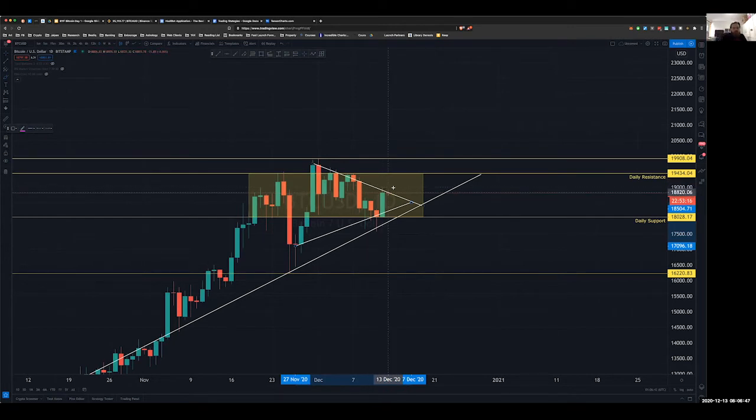Is it going to break up here and then possibly come back down and then continue and form the triangle? Or my next area would be towards the bottom here. Is it going to break this trend and then come back down and keep going down like that? That's the zone that I'm looking at, but I'm not entering any trades yet.